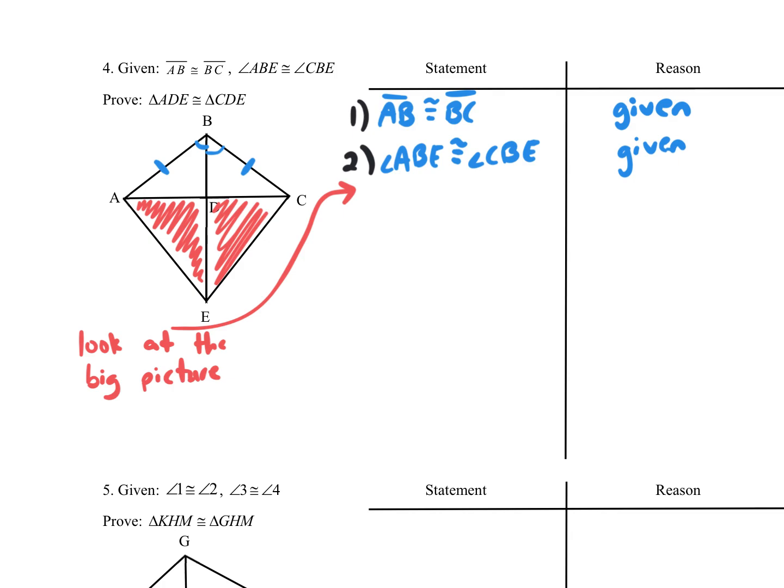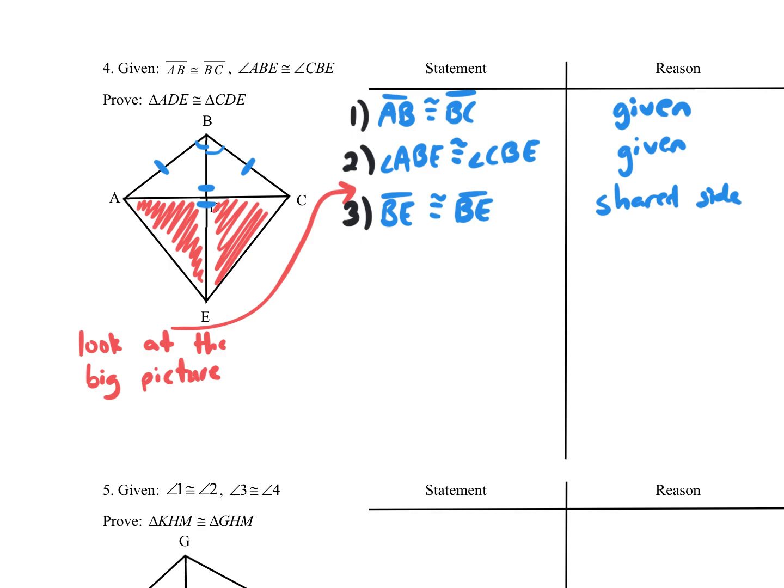Okay, so looking at those 2 triangles that I have highlighted there, what do they share? BE. Yeah, it's that whole middle side, right? So for my statement 3, I can go BE is congruent to BE. What's the reasoning? Shared side. And then again, go ahead and mark that.